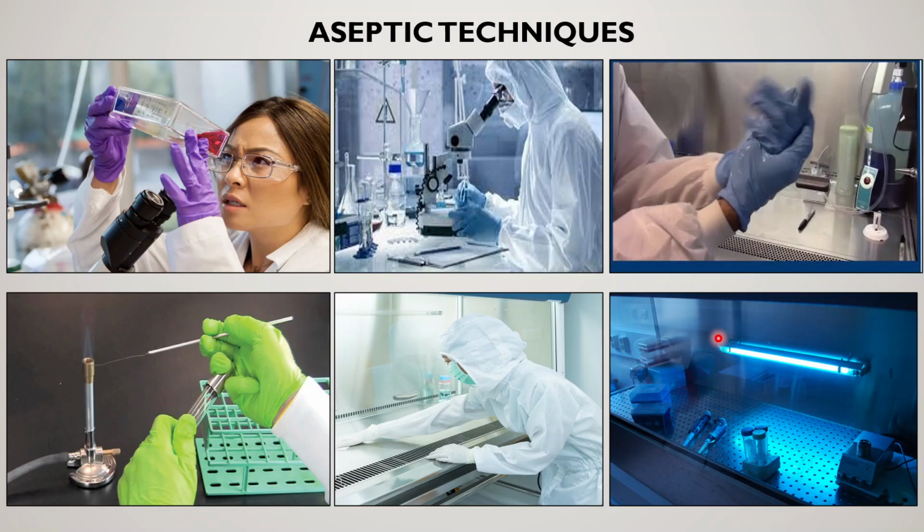Next, we need to avoid spillage of media inside the hood. If there is a spillage, we need to clean the surface with 70% alcohol, so that it does not lead to contamination. Also, in our lab, before using any glass pipette, we properly flame the pipette.